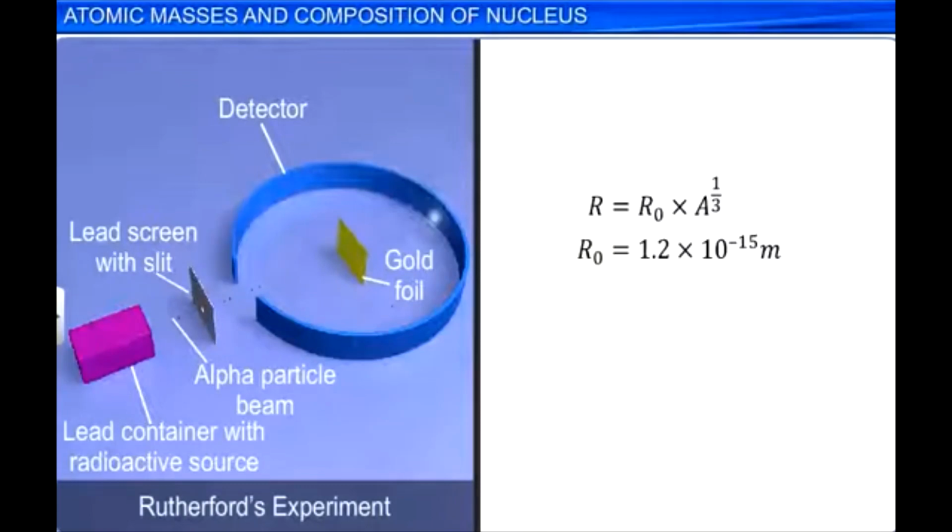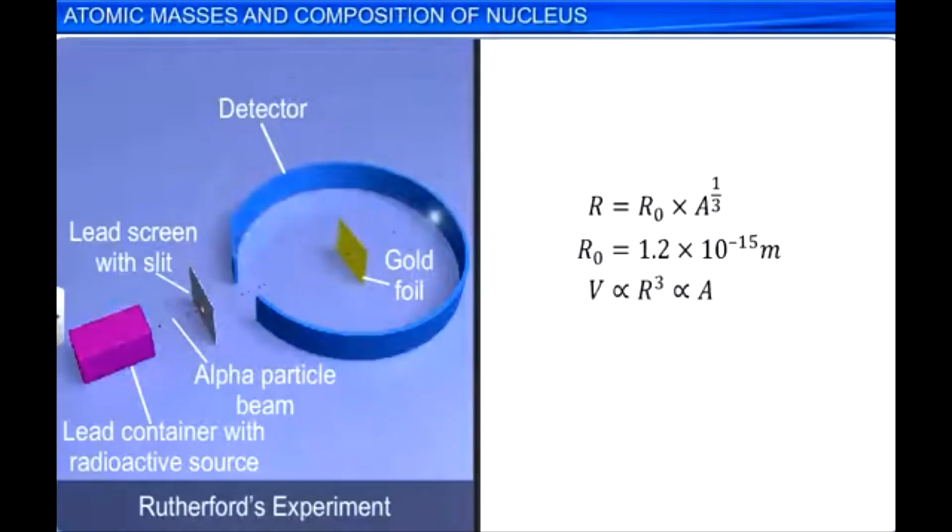Therefore, the nuclear volume is proportional to R cube and R is proportional to A power 1 by 3. This implies volume is proportional to the atomic mass number, that is, proportional to the number of nucleons.